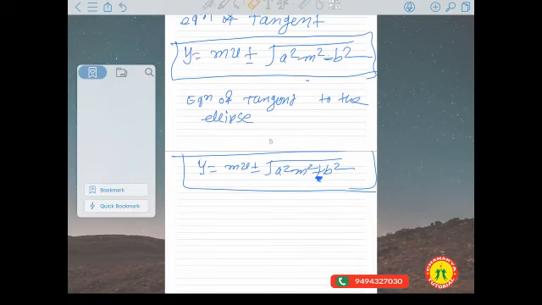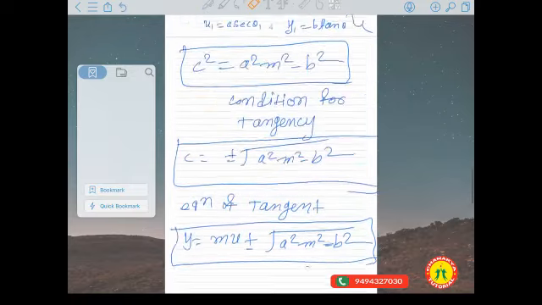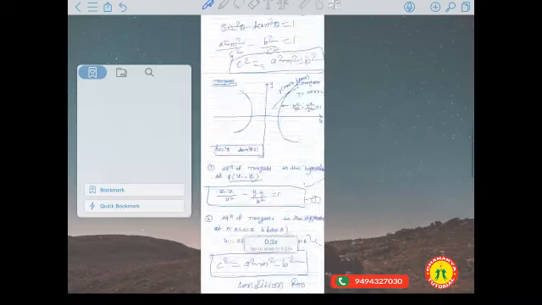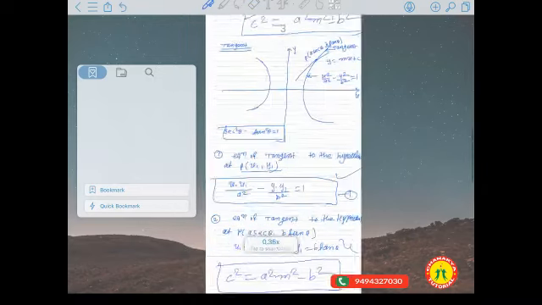So got it? Everything is clear? So we need to remember this formula. Y is equal to mx plus minus root under a square m square minus b square. Everything is clear?